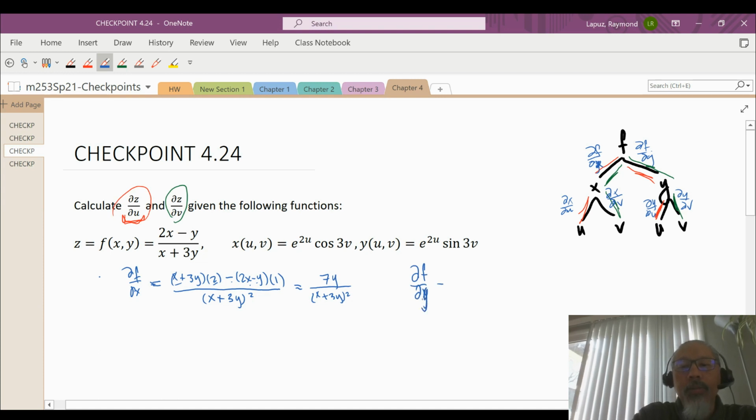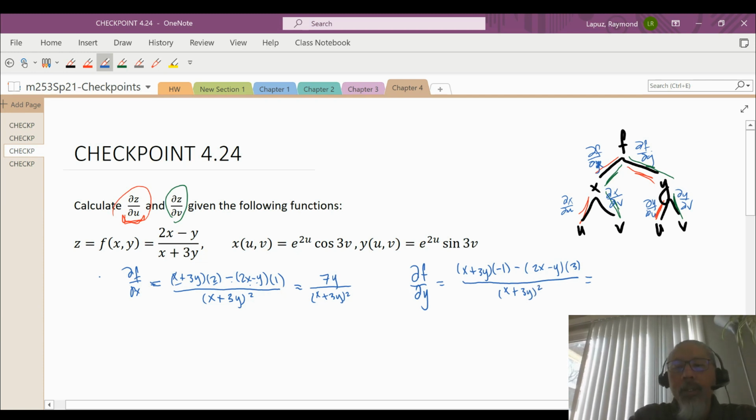Now we want the derivative with respect to y. And that is going to be similarly the quotient rule, low d high with respect to y. Now the first term is going to be negative 1 minus high d low, and the derivative of the denominator with respect to y is 3, all divided by (x + 3y) squared.